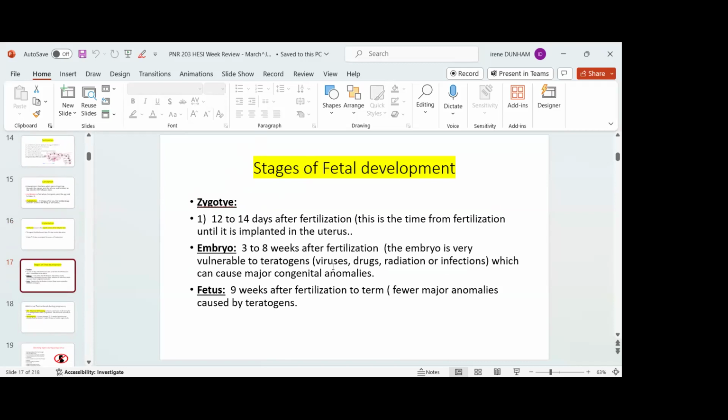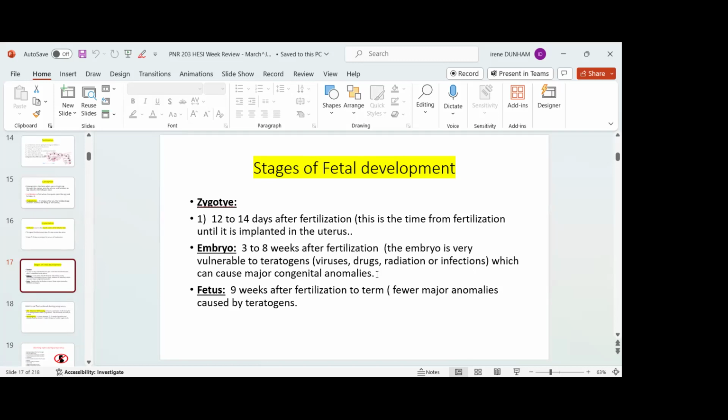And if mom maybe has a virus, remember we talked about chlamydia or gonorrhea, it can act like a teratogen, which is not favorable to the developing embryo. If mom gets exposed to drugs, if she takes any kind of drugs, those drugs will affect that embryo. Radiation, infections and viruses, these all can cause congenital anomalies, okay?